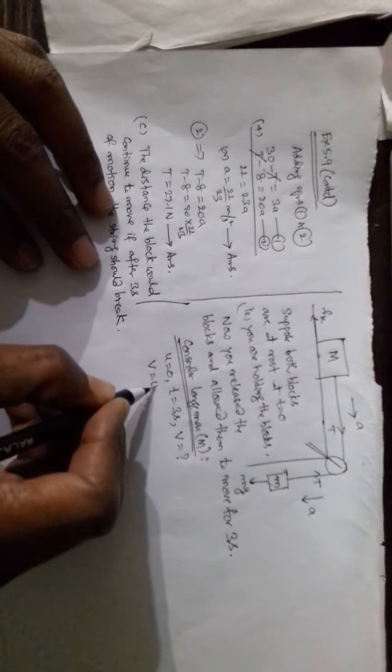V is equal to U plus AT, kinematic equation. A value you got 22 by 23 into 3 seconds, 66 by 23 meter per second.